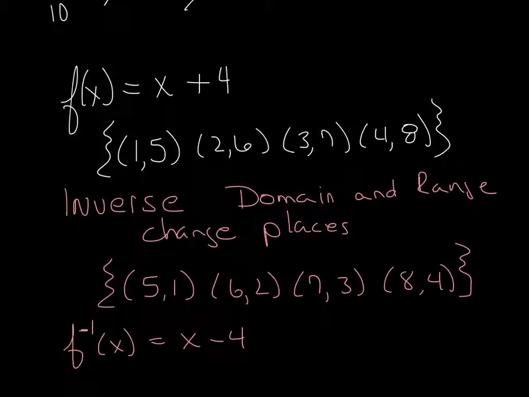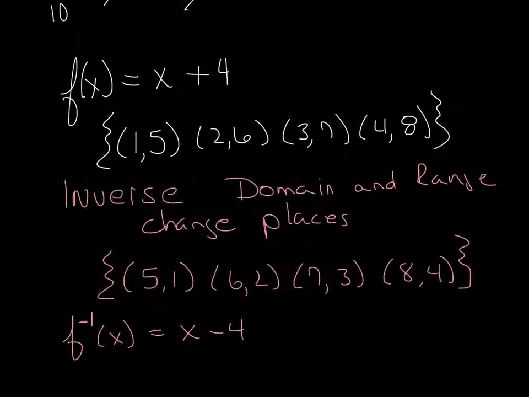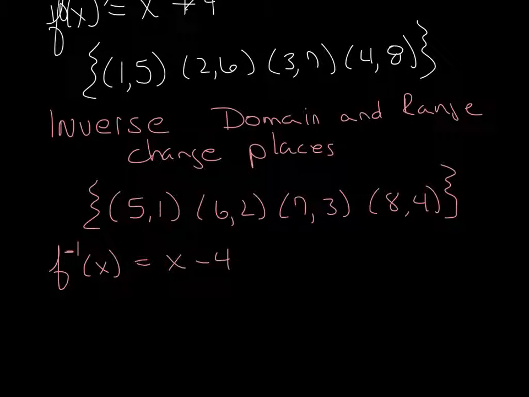For the inverse function, we subtracted 4 from x. Tomorrow we'll look at a different way that we can find an inverse function, because it's not always as plain as this. But what I want you to see is that the x's and the y's, the domain and the range, change places.